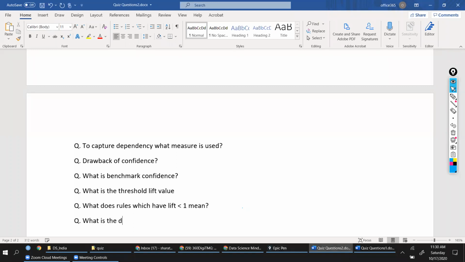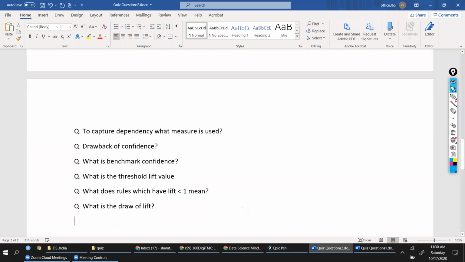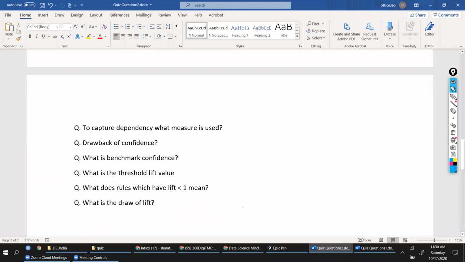What is the drawback of lift? What is the drawback of lift?